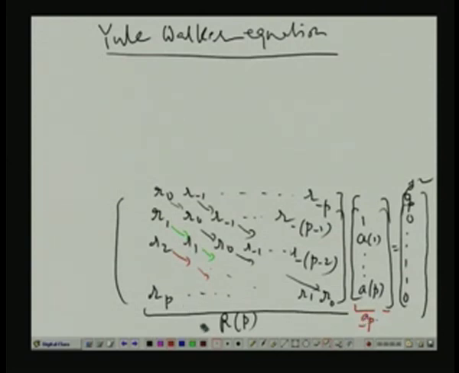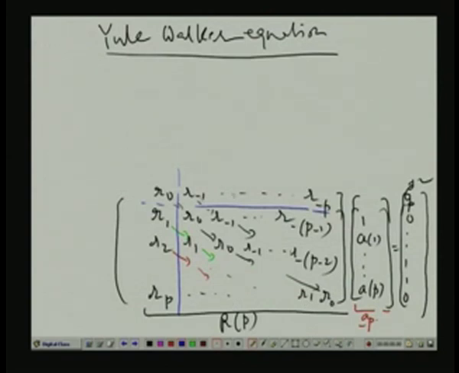Remember one thing, this is RP, and if I partition this matrix like this, take out first row and first column, what you get here is R p minus 1. That is, instead of R p, whatever I would have got, like here I went up to R minus p, for R p minus 1 I would have gone up to R minus within bracket p minus 1, that is what I am getting here.